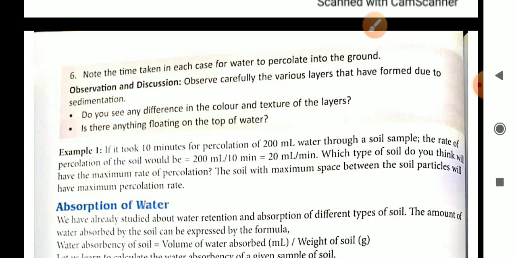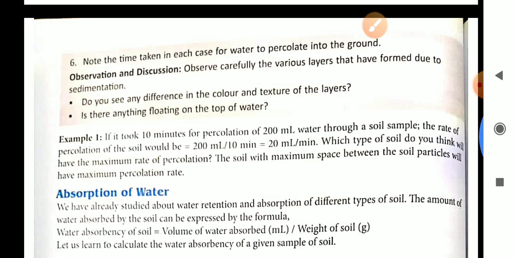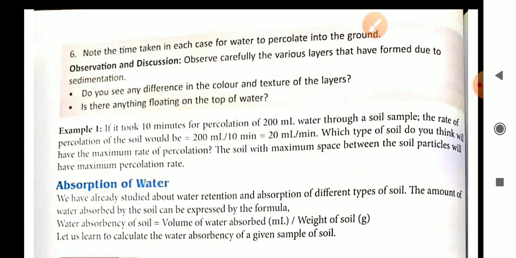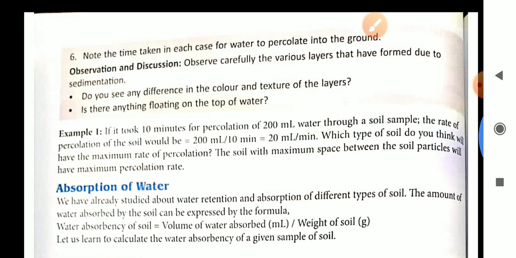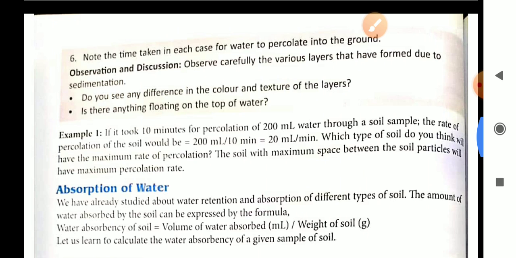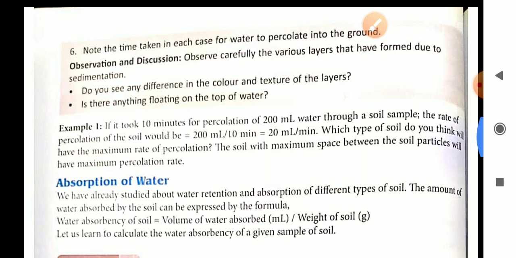For example, if you took 200 milliliter of water and it takes 10 minutes to percolate, then percolation rate will be 200 milliliter divided by 10 is equal to 20 milliliter per minute. The unit of percolation rate is milliliter per minute.